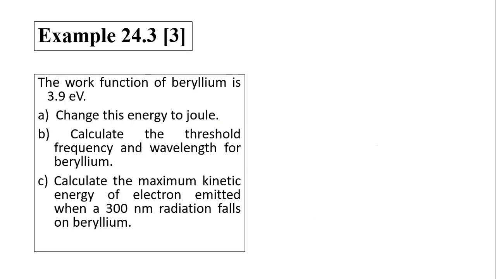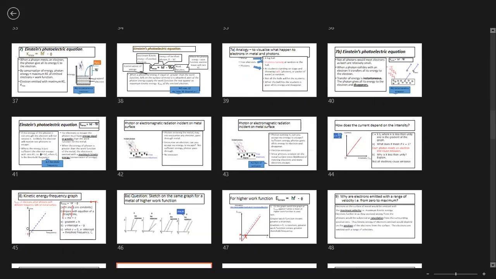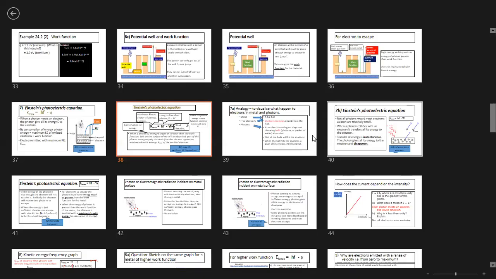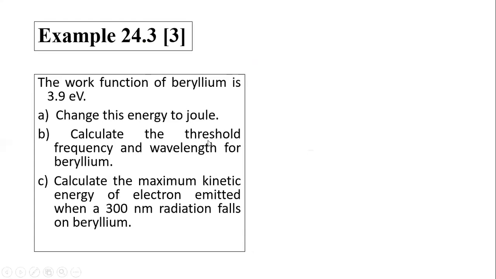Okay, try this question, number 3 in the worksheet. We are just using this formula. It gets you familiar with the conversion from joule to electron volt. What is the answer for A? You have to convert it to joule first before you can do any calculation.